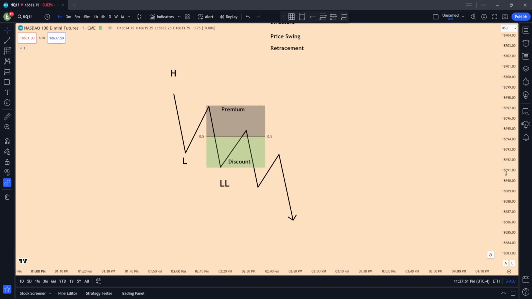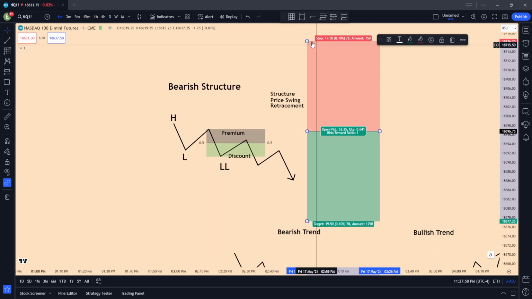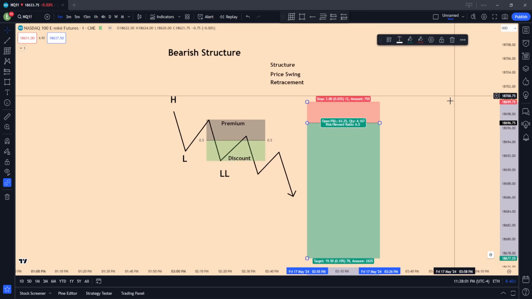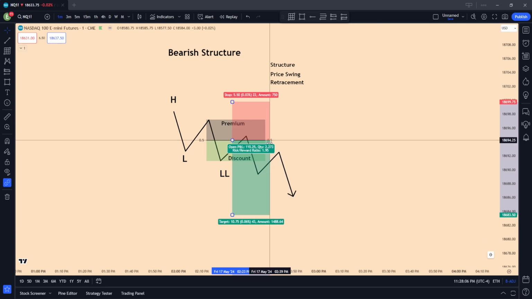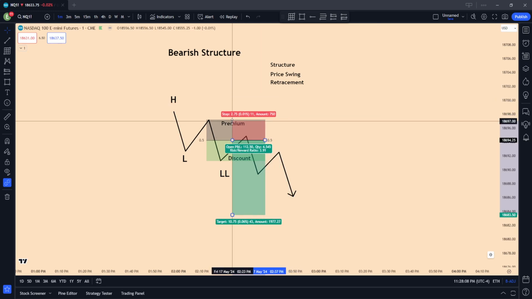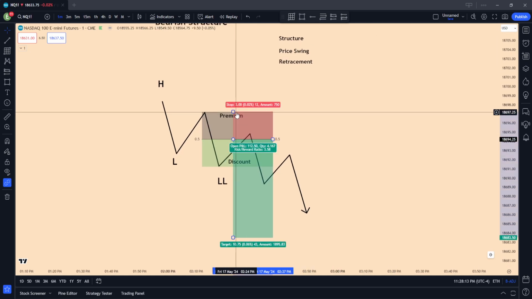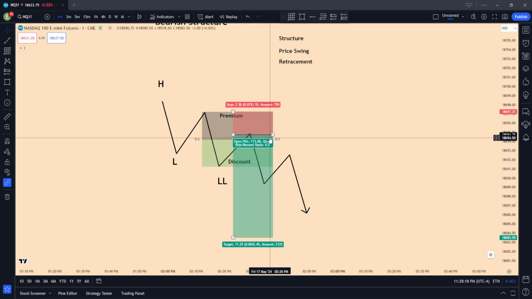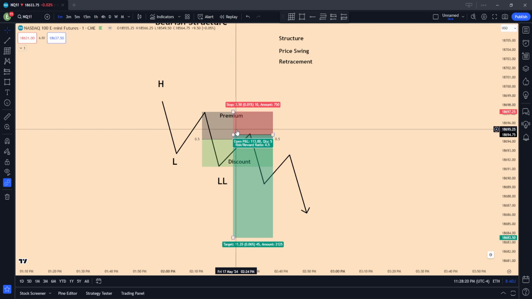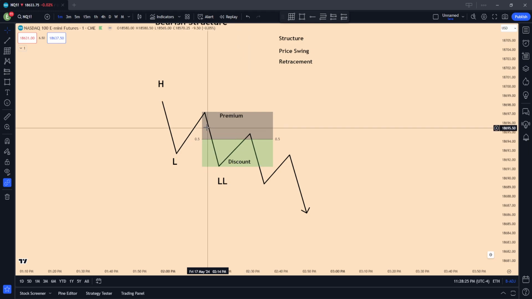So when you want to take a short, or a sell like that, you want to be taking a short in the premium of a bearish price trend. When price action is trending bearish like this, you want to take shorts only in a premium.